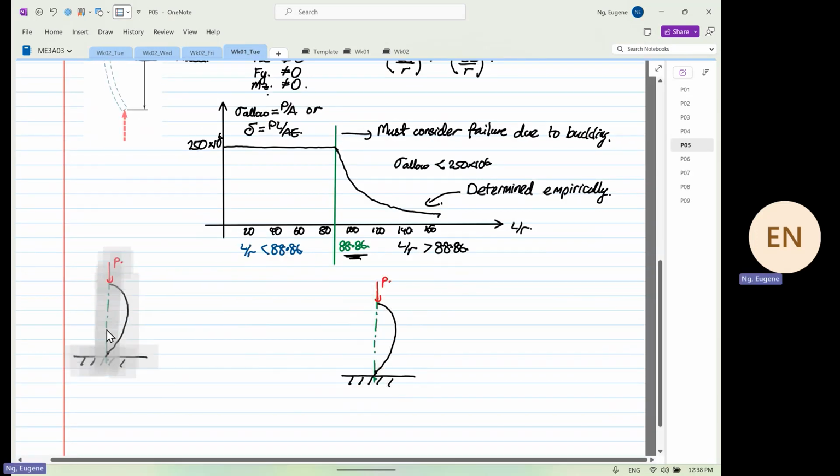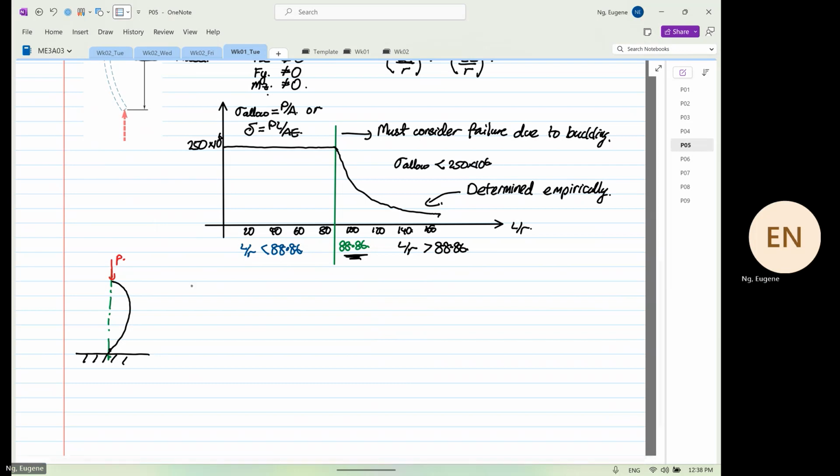Okay. So for this case, remember we calculate our L. No, there's no L value.